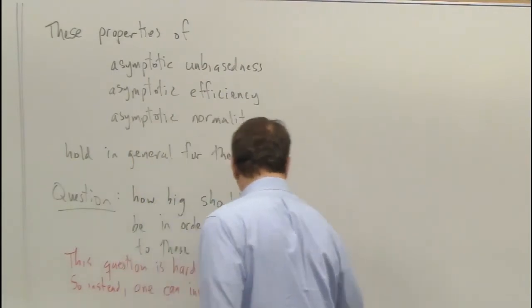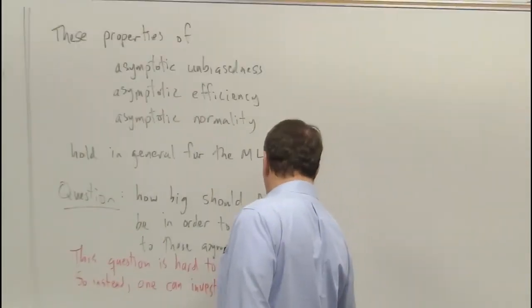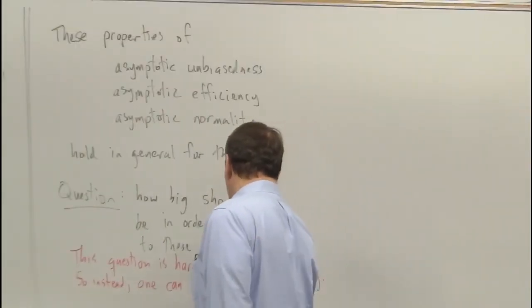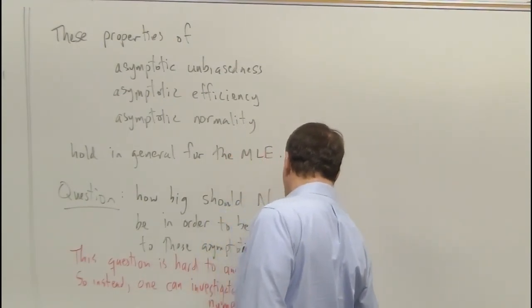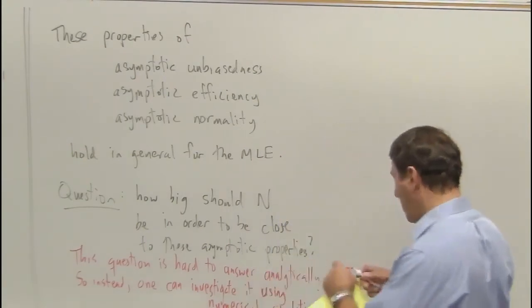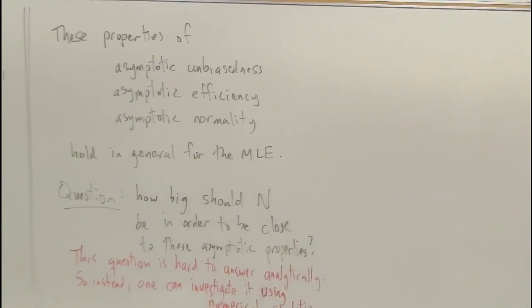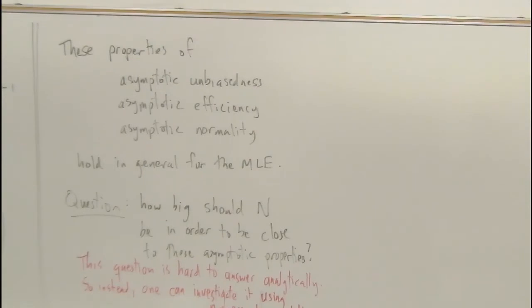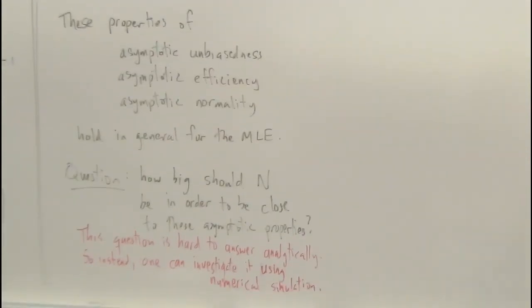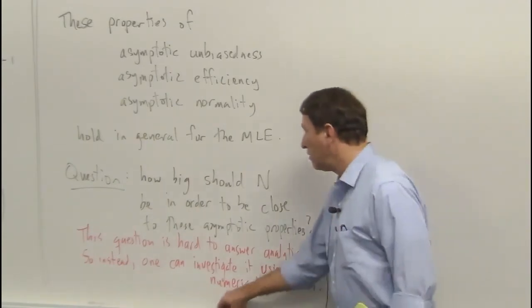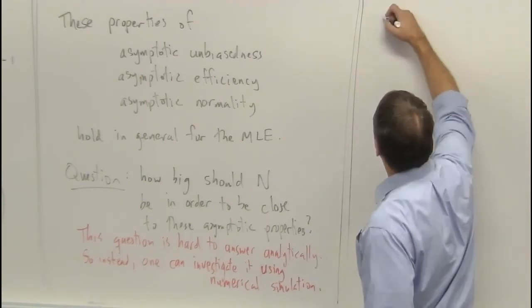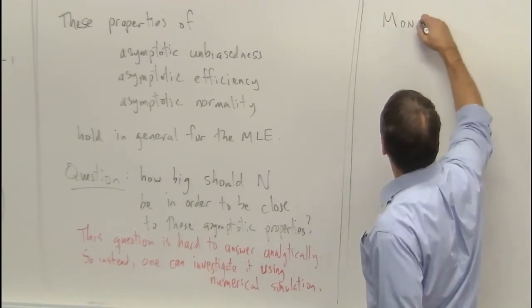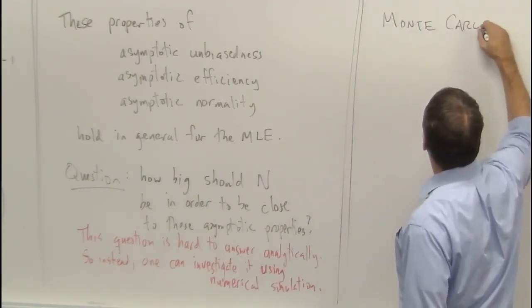So instead, what you do is numerical simulation. And so what we're going to do is take the example that we developed in the last class and do just that. This is generally called Monte Carlo methods.